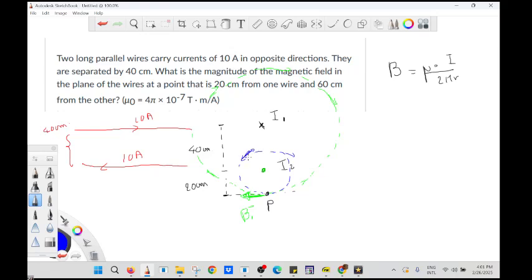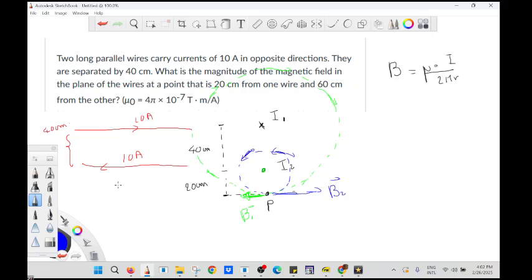So it's going to circulate in this direction. Okay, so the thumb is toward you and your hand is circulating around counterclockwise. So that's going to be your B, I'm going to call that B2. And you see that it's going to be stronger than B1 because the distance is smaller.